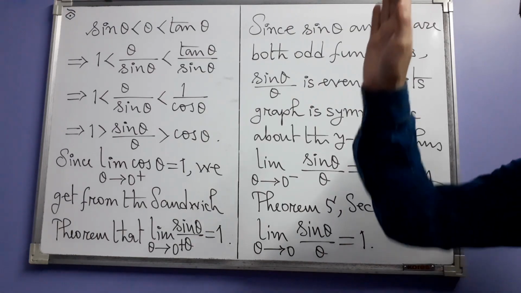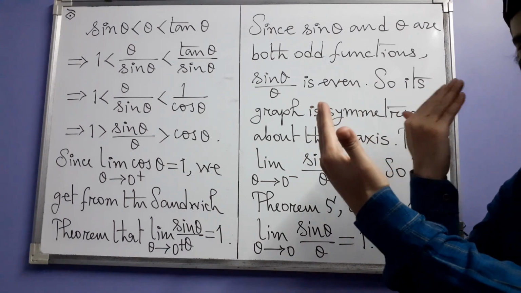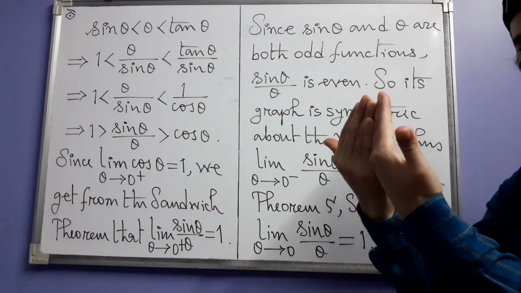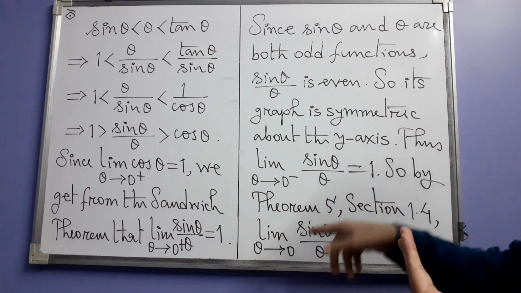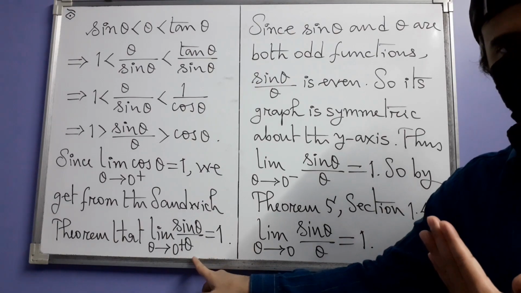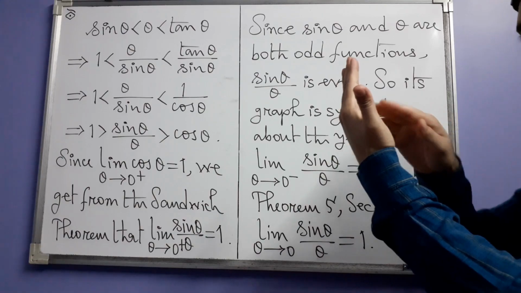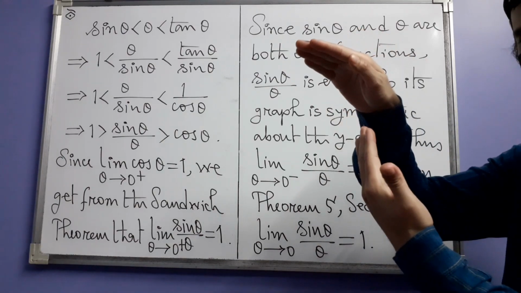Because it's an even function, if you draw the graph of this function, it will be symmetric about the y-axis. So whatever happens on the positive side of the y-axis, an exact mirror reflection will happen on the negative side as well. As theta is approaching 0 from the positive side, the graph is approaching 1.